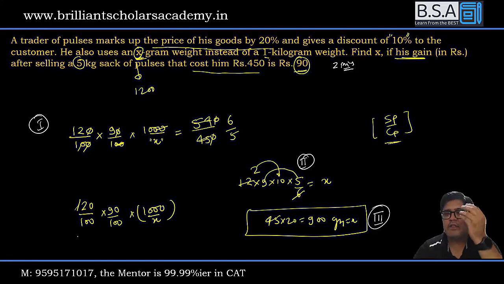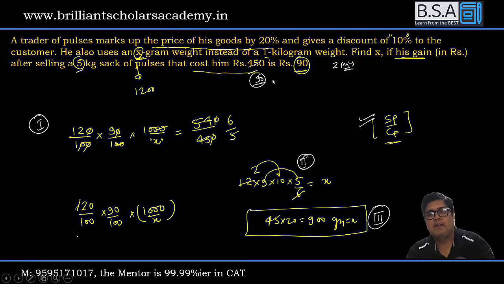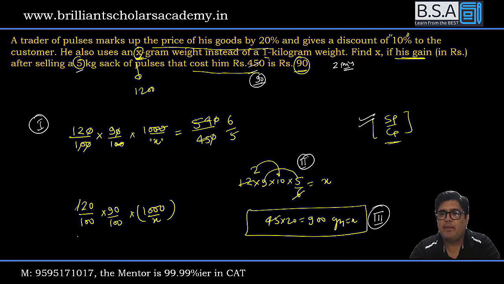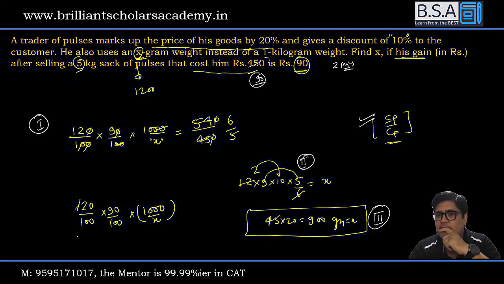If you give this question to somebody who does not understand chain rule, or who does not know that it is SP upon CP always, they will keep on fumbling. 100 रुपए assume कर लेते हैं price, या कुछ और assume कर लेते हैं, या फिर देखो 5 kilograms for 450, so 1 kilogram is for 90 rupees, 90 rupees पे 20 बढ़ाओ 10 discount, खेलते रहेंगे. That's waste of time. In 3 steps, you are able to reach the answer if you know the complete approach or the proper approach.